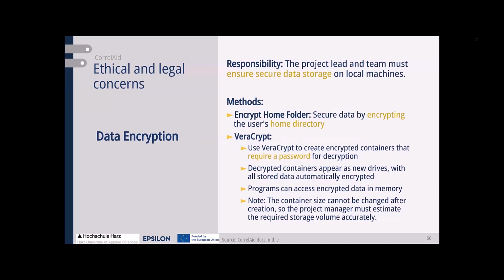When it comes to working with data, it's also an issue where the data is stored, and this must also be discussed. If an organization provides you with internal data, you must make sure where the data is stored, and whether it is stored on a local machine or can be stored in a cloud service.